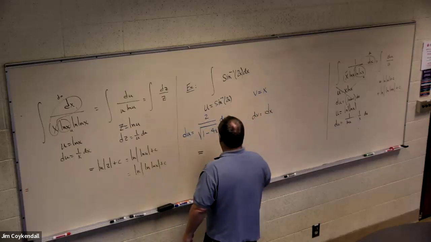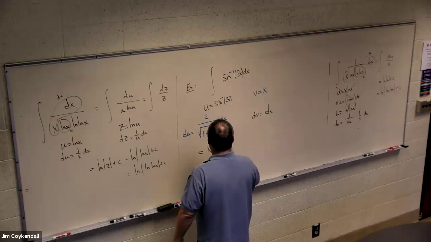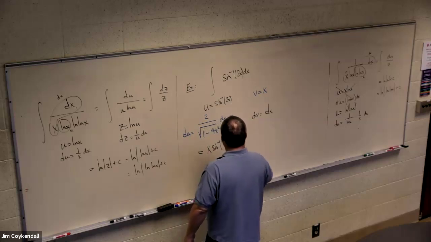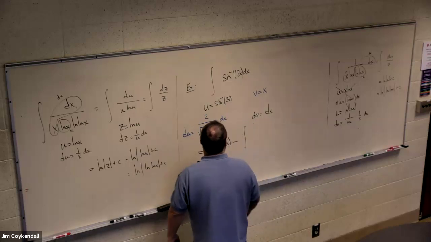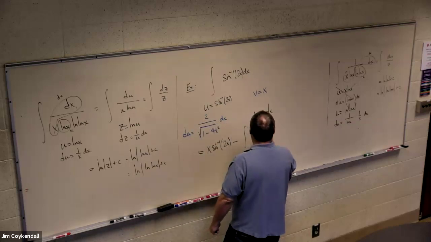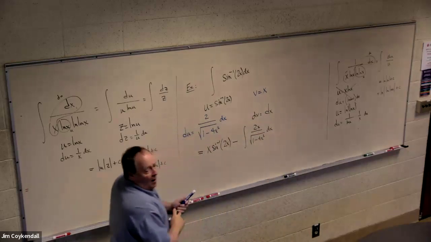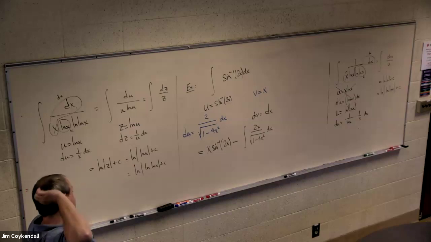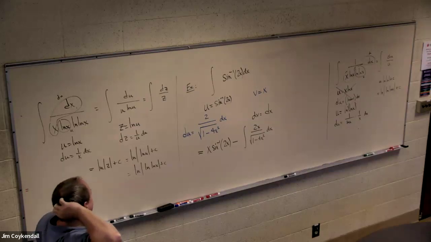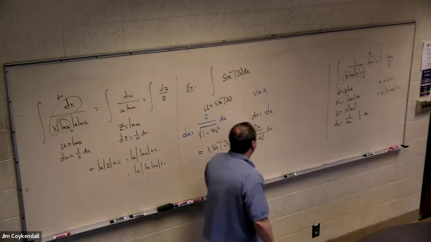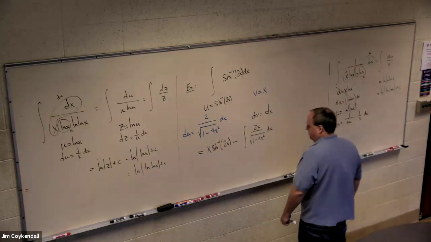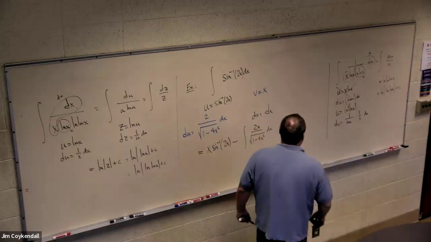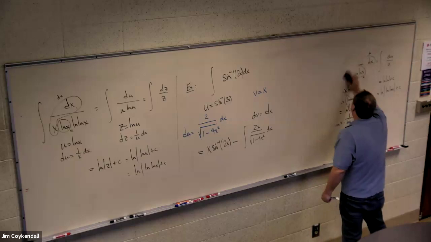It's the product of these two, minus the crossing. So I get 2x. But now what?